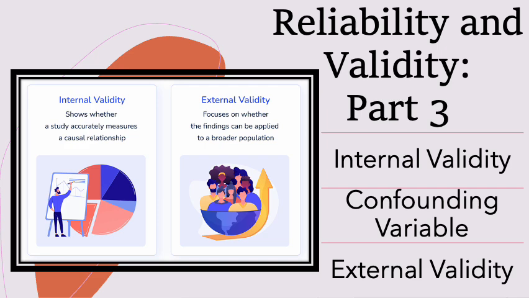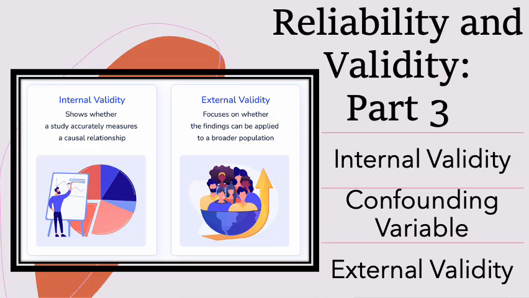We also need to be aware of the Hawthorne effect, or the idea that people change their behaviors when they know they are being studied. This is a common confounding variable that can impact internal validity. External validity looks at whether the results of the study can be generalized beyond the study itself.